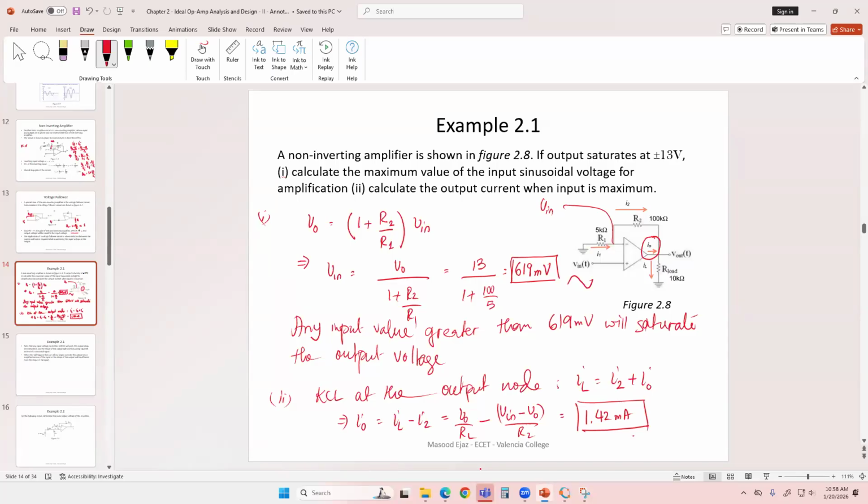And of course, at that time, the output is going to be 13 volt. Any question, guys, on this?